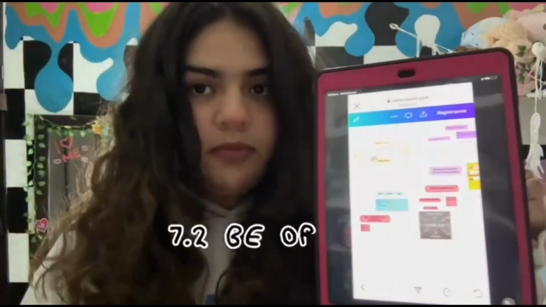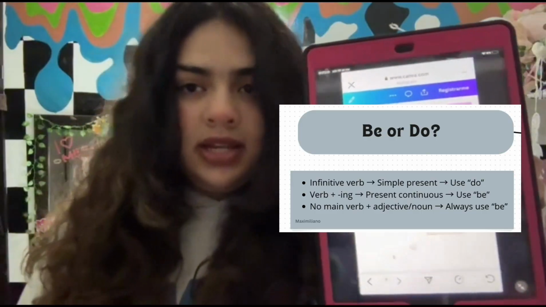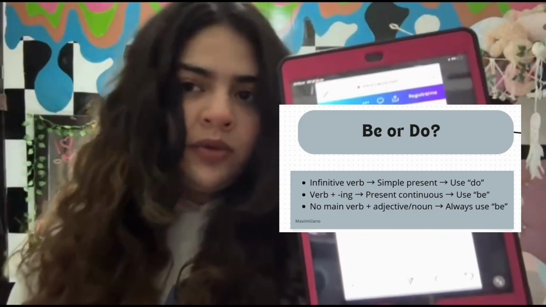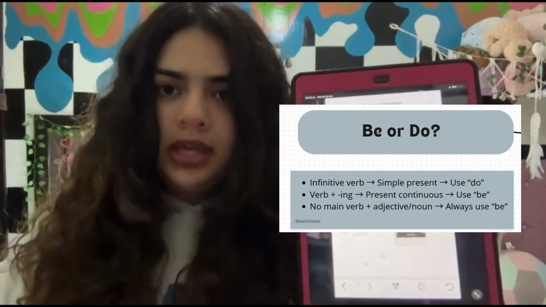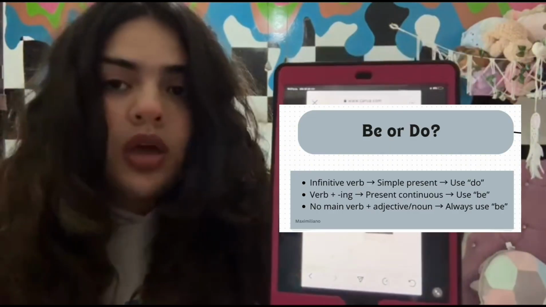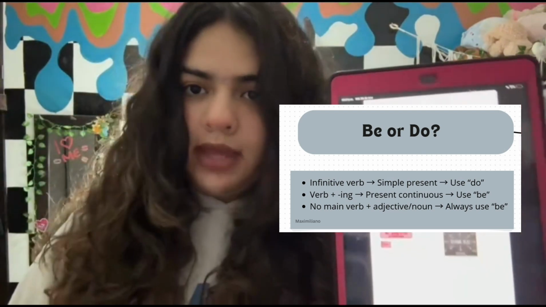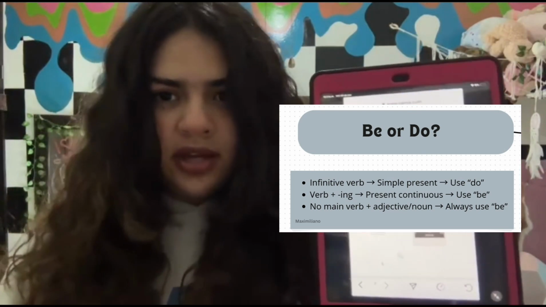Now the topic 7.2, be or do. Sometimes English needs a helper verb to make questions or negative sentences. We can use be, is, are, or do, does, but we must choose the correct one. We use be when the main verb in the sentence is be. For example, is he tired?